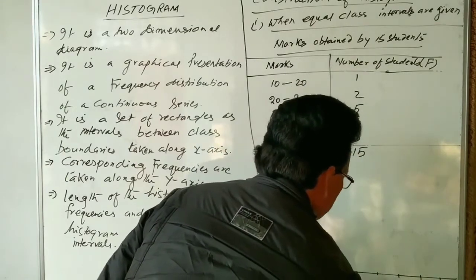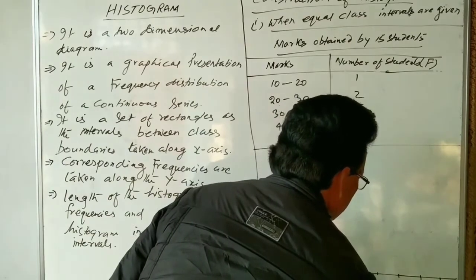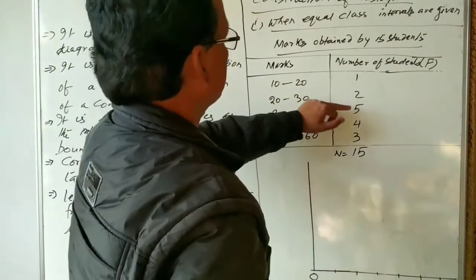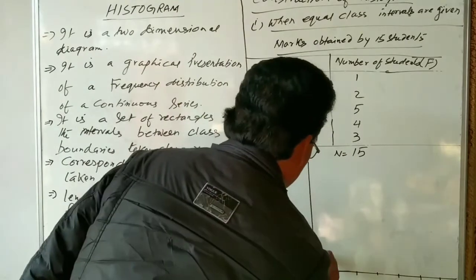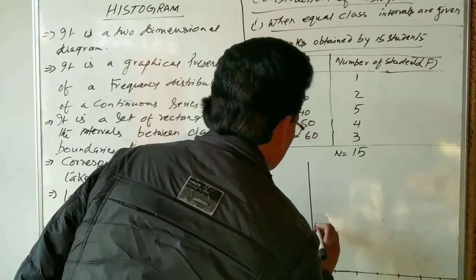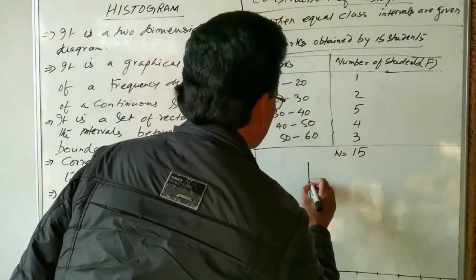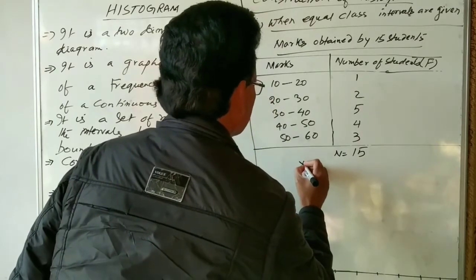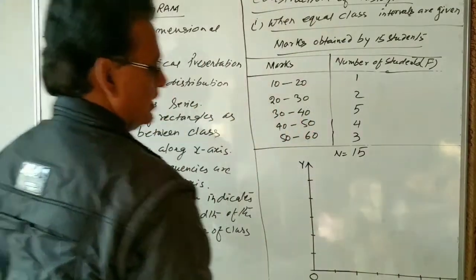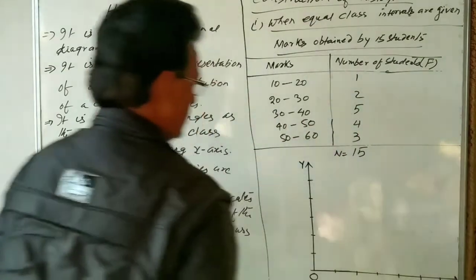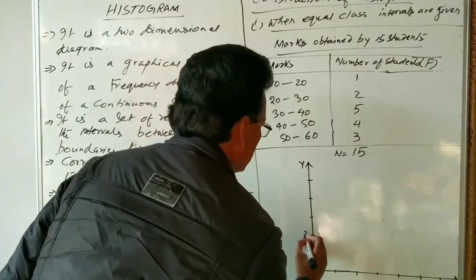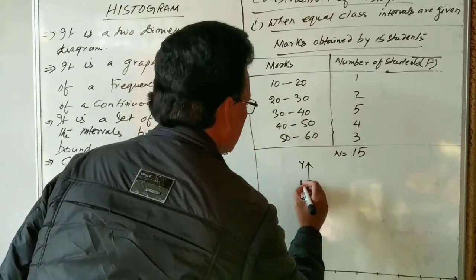This represents the marks obtained by 15 students. The maximum is 5. This is 1, 2, 3, 4 and 5. So this is the y-axis. This is the x-axis.